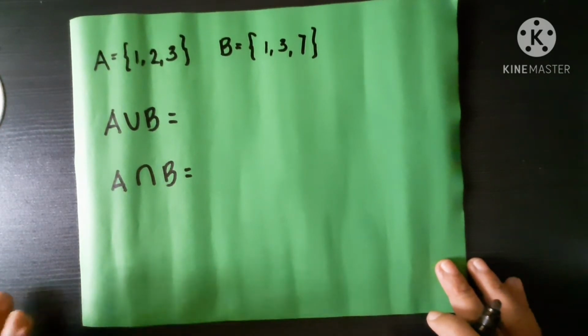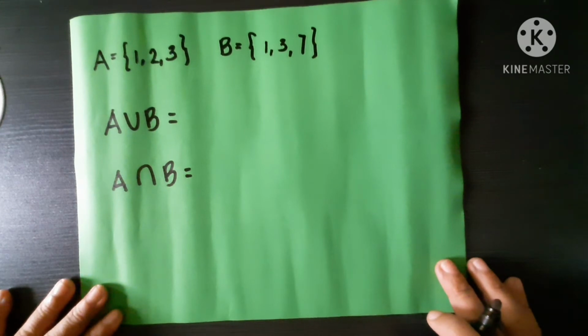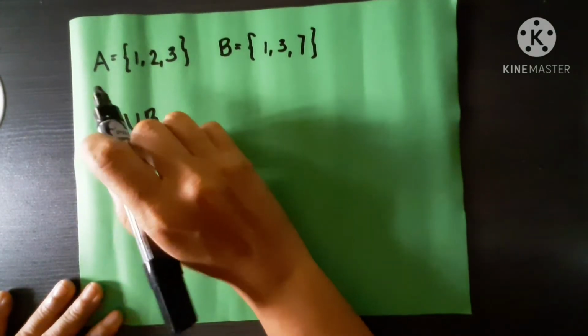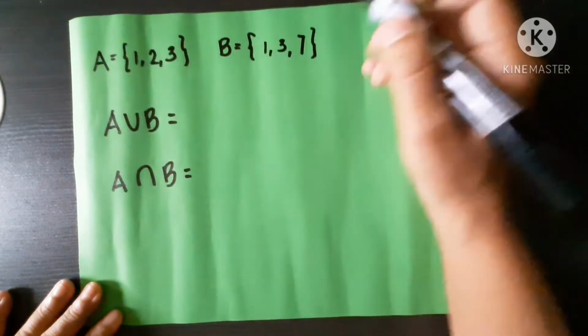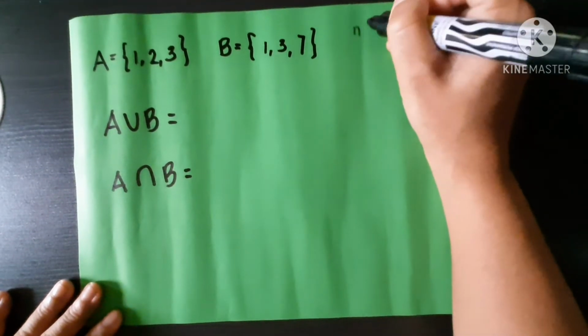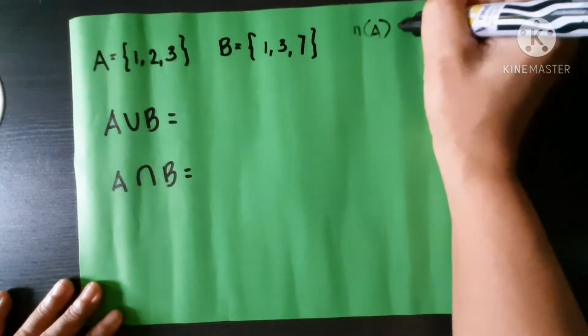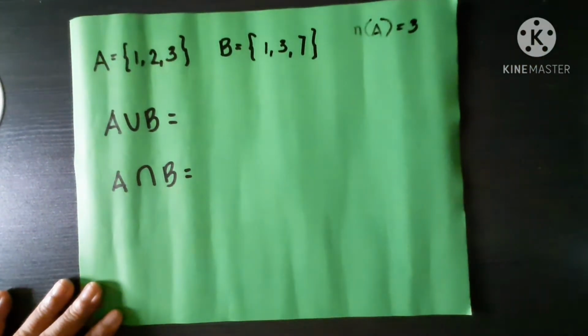And this means that the cardinality of our set A is 3, no? If you can recall, we have the cardinality of our set A equals to 3.